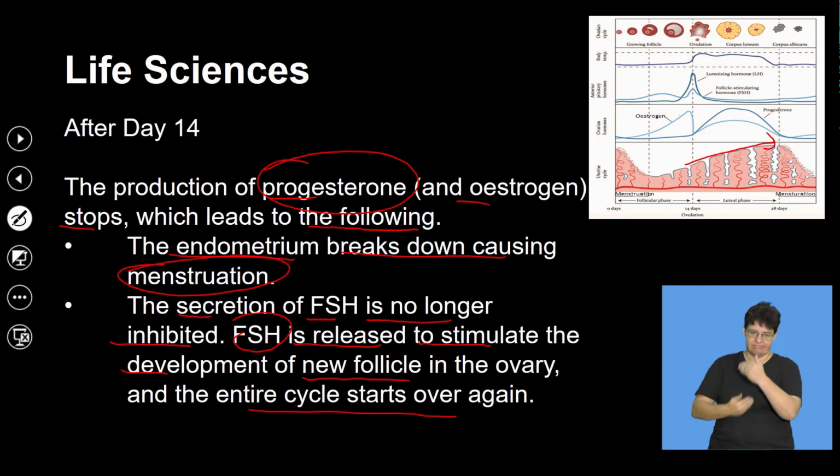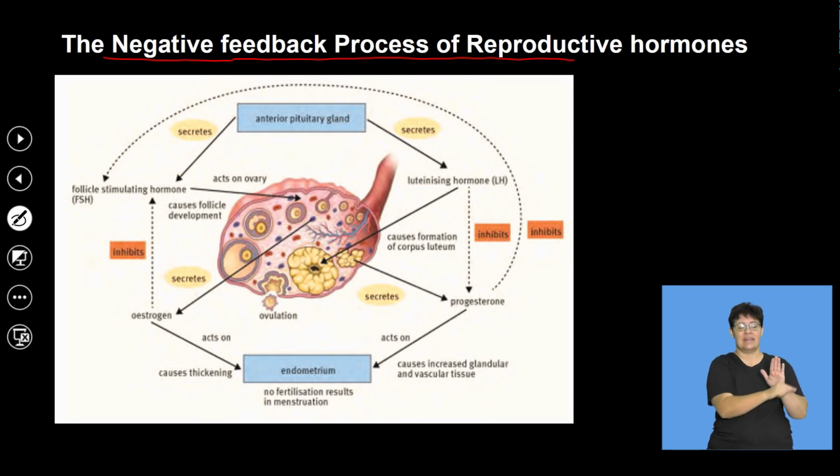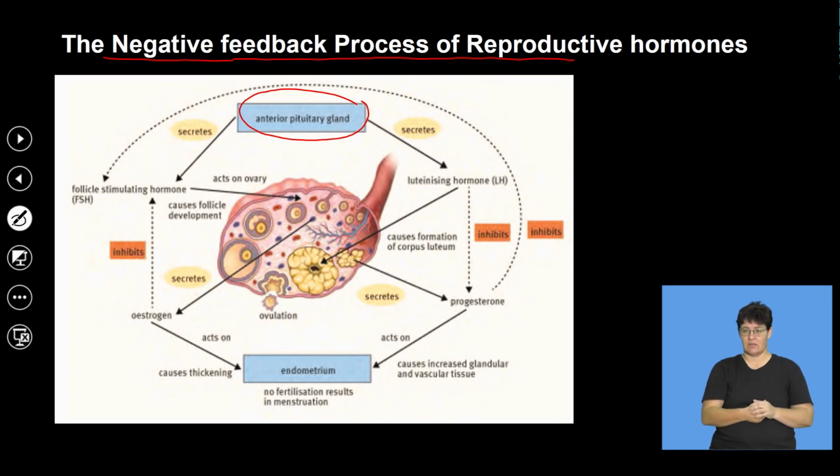So guys, let's try and understand the relationship between these hormones. So in this image, we're discussing the negative feedback process in the reproductive hormones. And let's try and look at all of the information together in one illustration. So the pituitary gland produces two hormones. It produces firstly FSH, and we see these solid lines indicating the stimulation of a hormone.